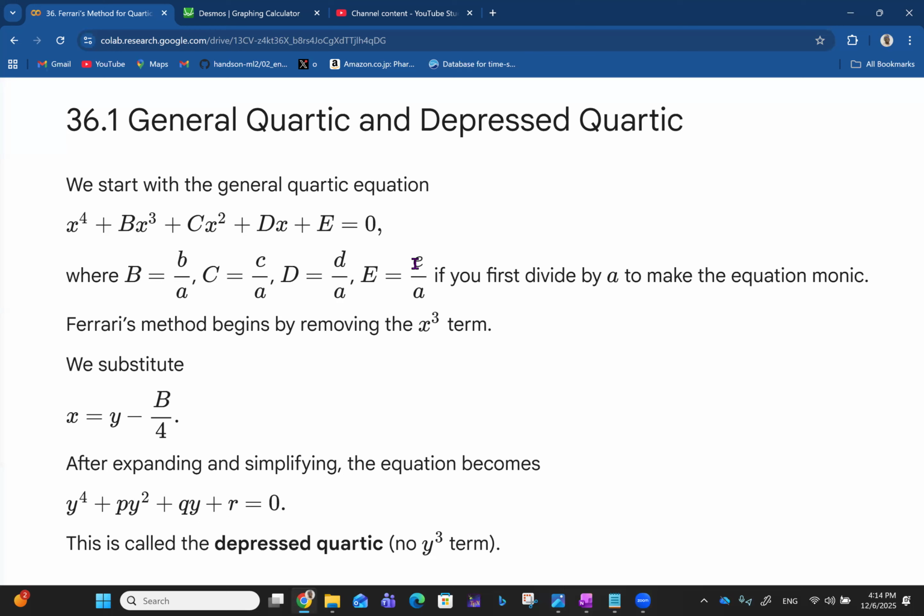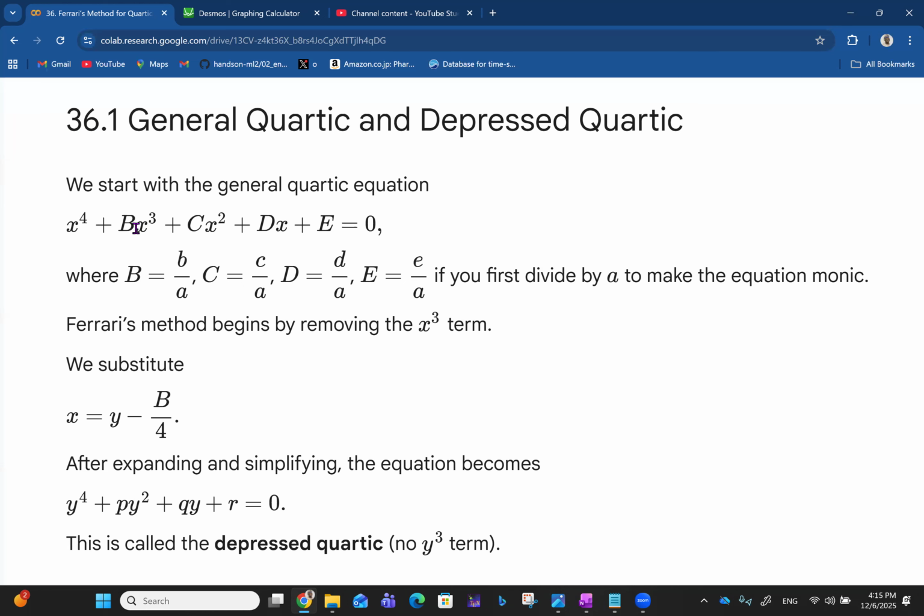So the general quartic and depressed quartic, for instance. We start with the general quartic equation x raised to power 4 plus bx cubed plus cx squared plus dx plus e equals 0. Now, this is the general one because in this case, the leading coefficient is 1, right? So that way it is a monic quartic equation. Even if you had a coefficient there, you would have divided through by whatever was there.